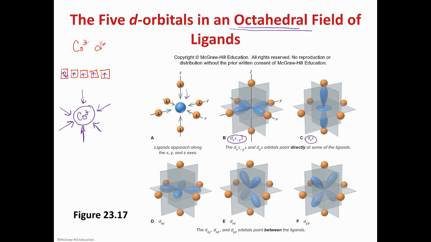The ligand's going to interact directly with electrons in those orbitals, and that's going to create some repulsion. So 2 of the orbitals are going to go up in energy. Then there are these 3 d orbitals here that, when the ligand comes in, miss a direct interaction with the d electrons. So those actually lower in energy.